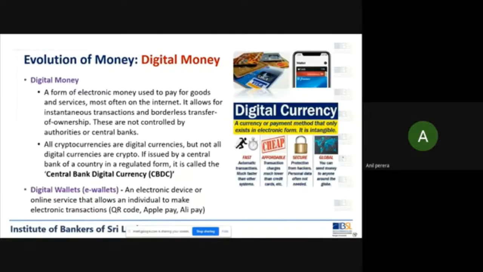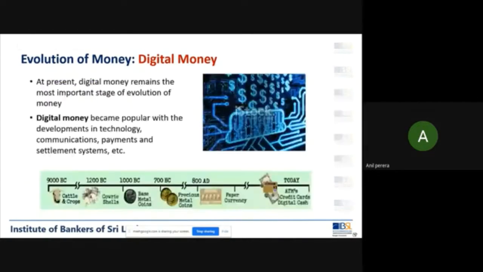So from this timeline, you will see from around 900 BC, when we started using cattle, or crops, or shells or salt as money, to today's situation where we have all these electronic means of payments and digital types of payments, money has evolved over a period of millennia.